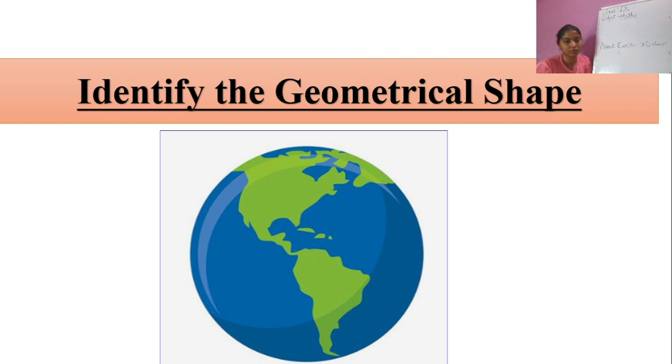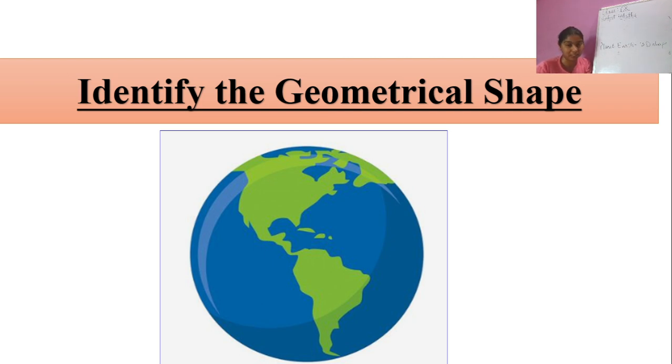Very good. Now identify the geometrical shape. As you said, this is three-dimensional, but what is the particular name for this shape? Write down your answer in the comment box if you find it. Yes, very good.